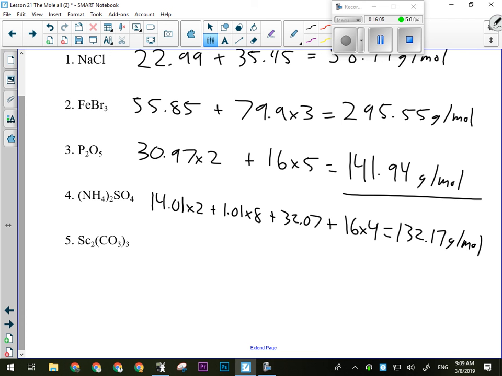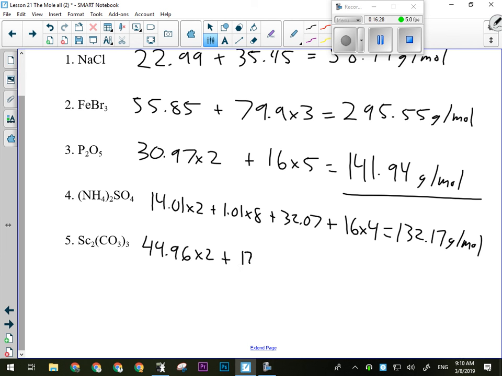So we got scandium carbonate here. Okay, so scandium is 44.96. Is that what it is on yours? Okay, because sometimes the numbers on yours are different. 44.96, and there's how many of them? 2. All right, so we're going to multiply that by 2, plus how many carbons? 3.